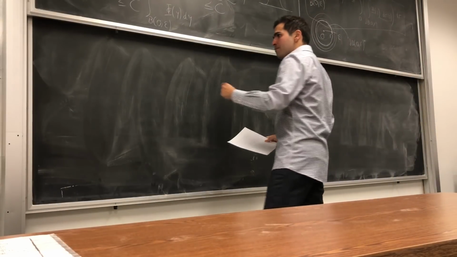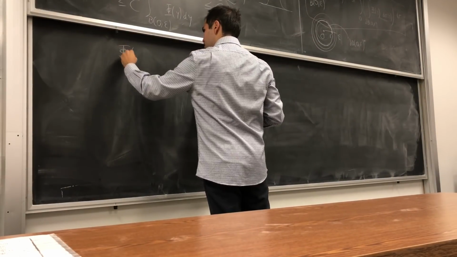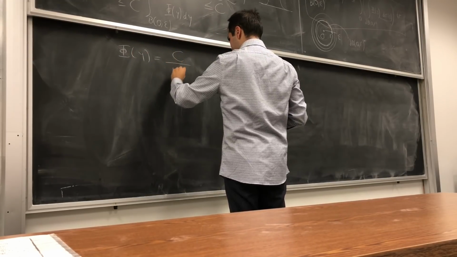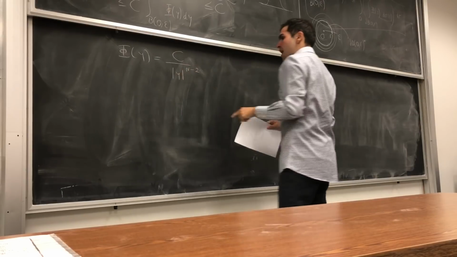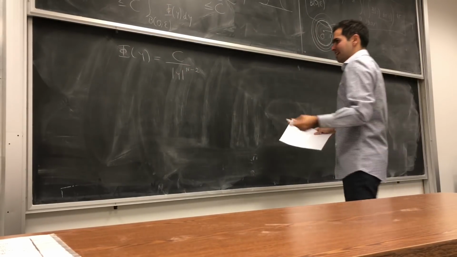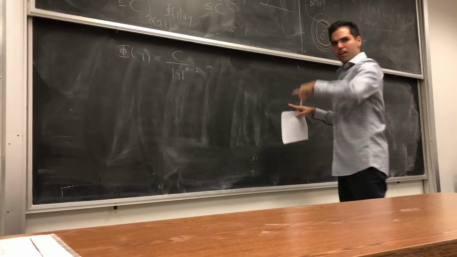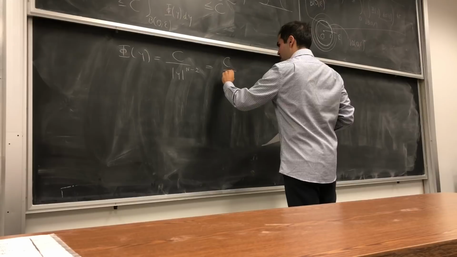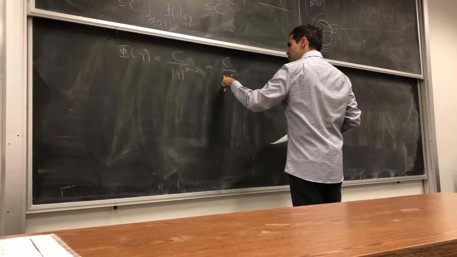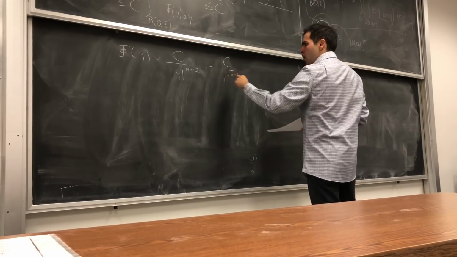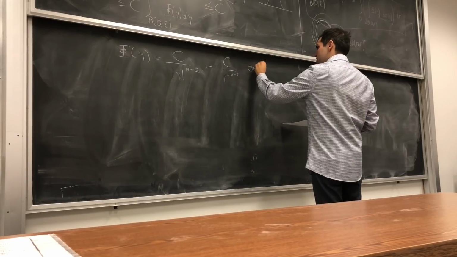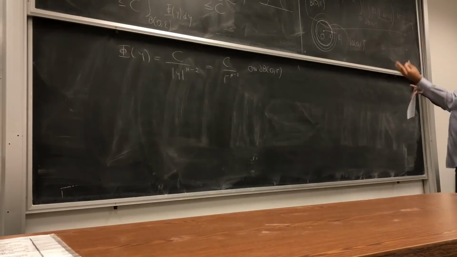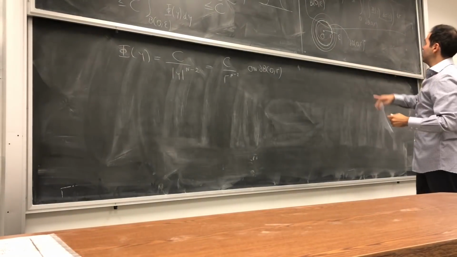All right, now remember what phi is. So phi of y is some constant that right now we won't really care about, times absolute value of y to the n minus 2, but on the boundary of the ball, so on the sphere of radius r, this becomes c over r to the n minus 2, which is nice because it does not depend on y.